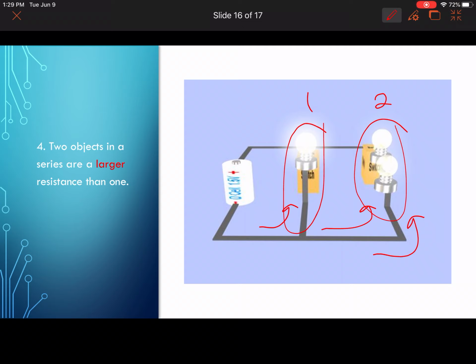And lastly, two objects in a parallel circuit have a smaller resistance than one.